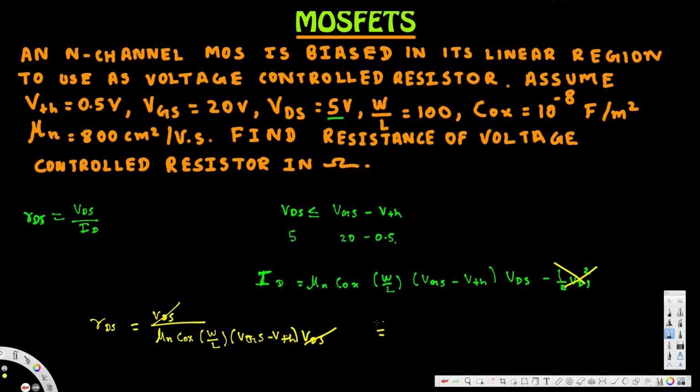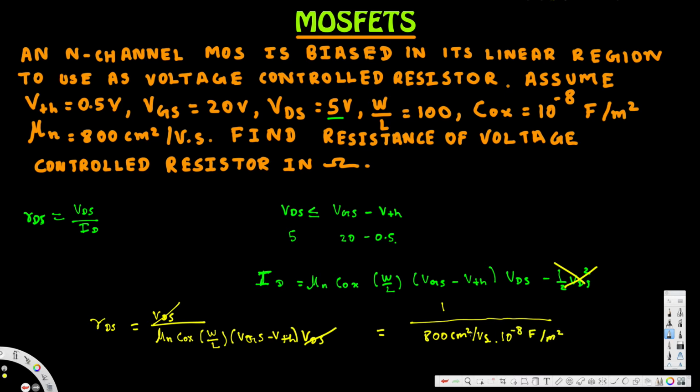Here we have all the information available, all of them are given. Let's go ahead and plug them in and see what we get. Mu n is 800 centimeter square per volt second, and then we have COX. The capacitance is given by 10 to the power of minus 8 farad per meter square.